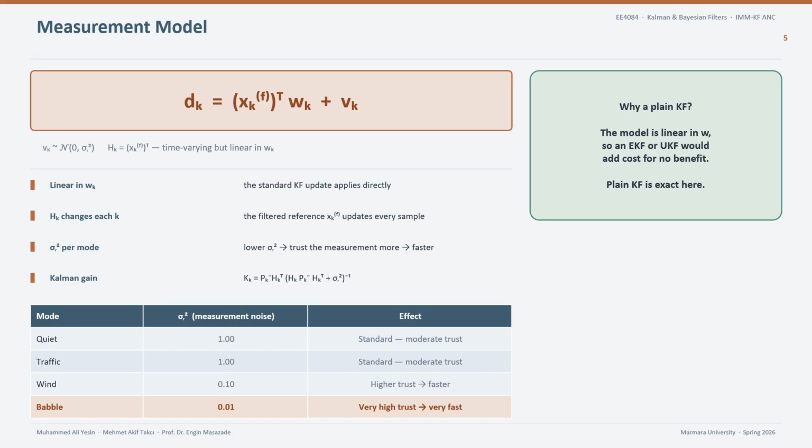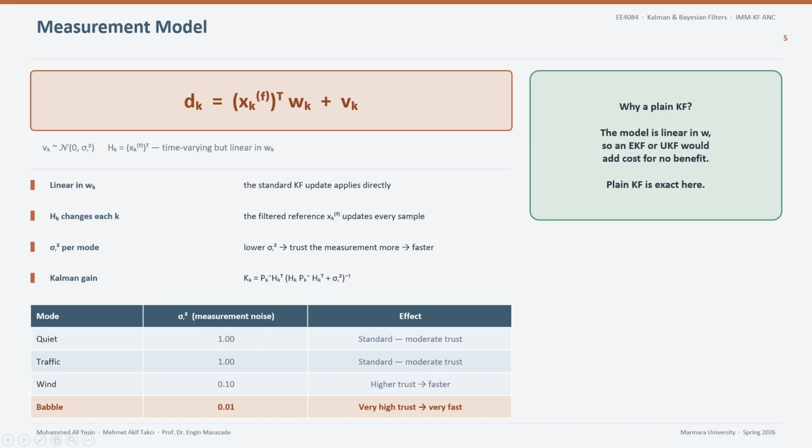Because it's linear, the standard Kalman update applies directly. There's simply nothing nonlinear to linearize, so we don't need extended or unscented Kalman filters. They would add computation for zero benefit. As the green box says, the plain Kalman filter is exact here.